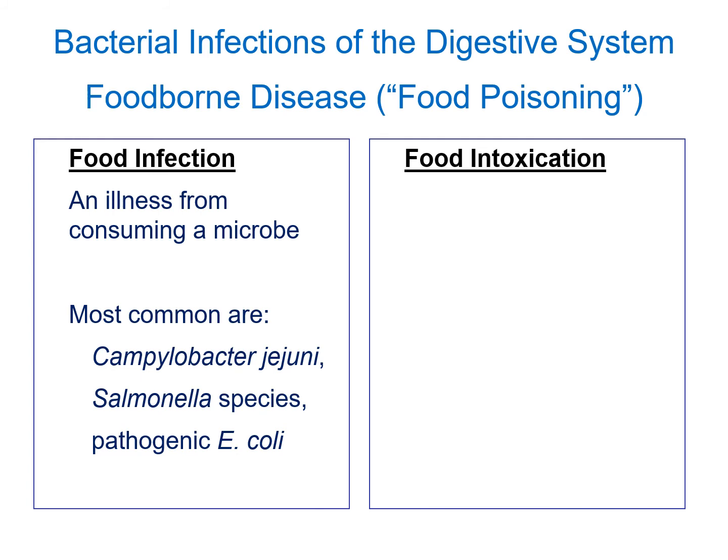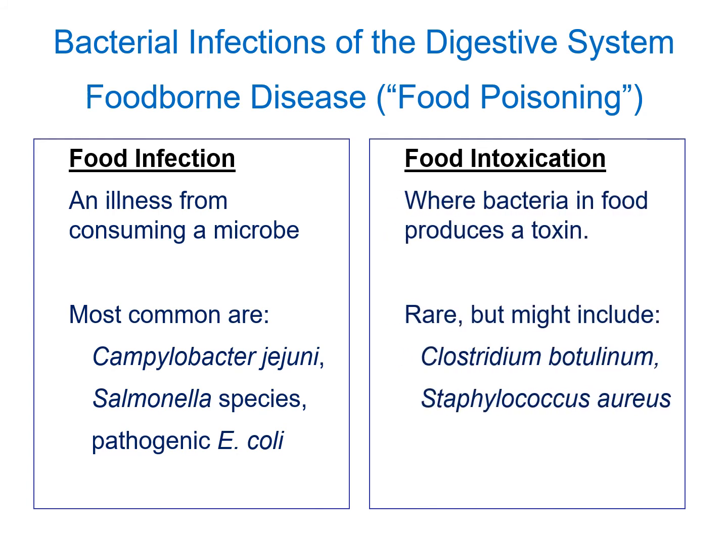In poisoning or intoxication, again, it's a non-living toxin that's causing the problem. So there's toxin in the food, and that toxin may be a product that's produced by bacteria. So for instance, botulism, that's food poisoning, because what's happening here is you're consuming that botulinum toxin, and that is what's causing the problems.